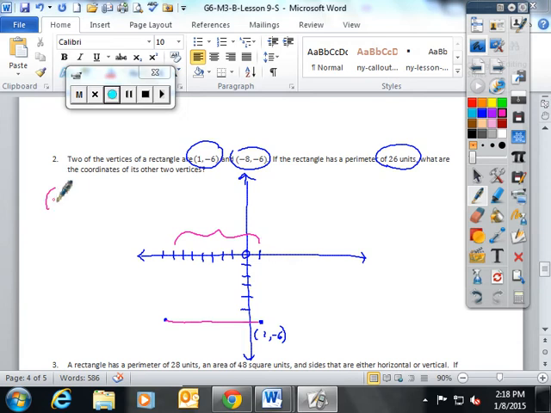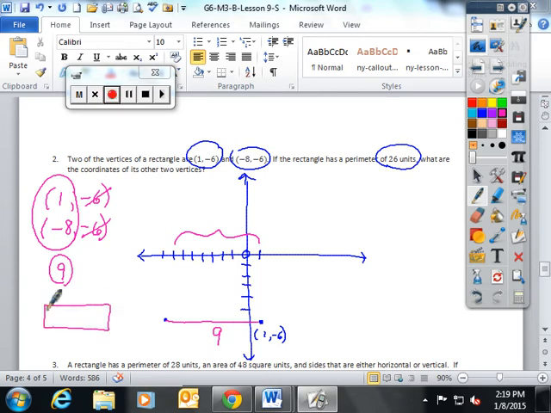It's building on lesson 8, where we just take the coordinates and look at them. They both have -6 in common. 1 and -8 are different signs, so we're going to add them together. They have a distance of 9. Now, in my mind, I'm thinking, okay, so I have a rectangle. This side is 9, which means, therefore, this side's going to be 9.